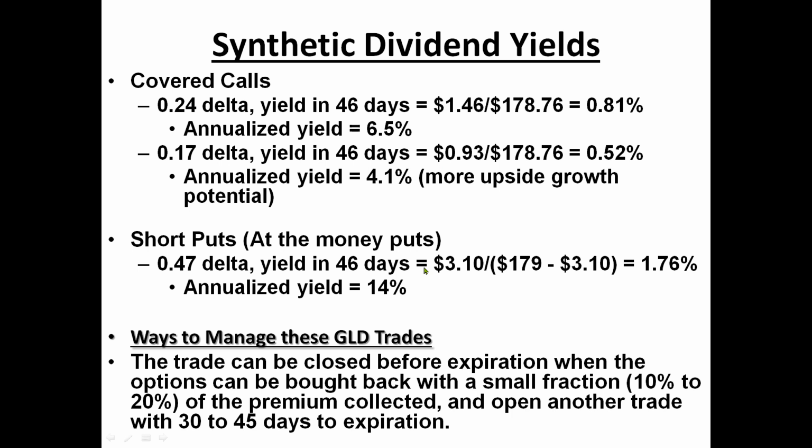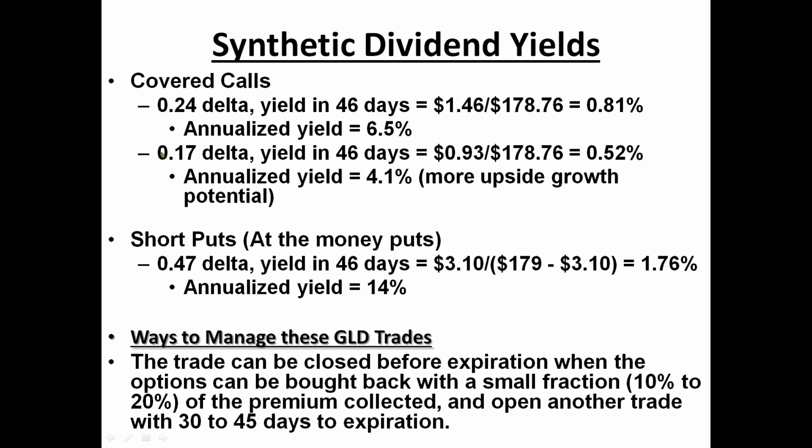So let's look at the synthetic dividend yields to see how they compare. For covered calls, for the one that has the higher delta, the yield in 46 days is equal to the $1.46 that we collect divided by the share price, which is 0.81%. So the annualized yield is about 6.5%.